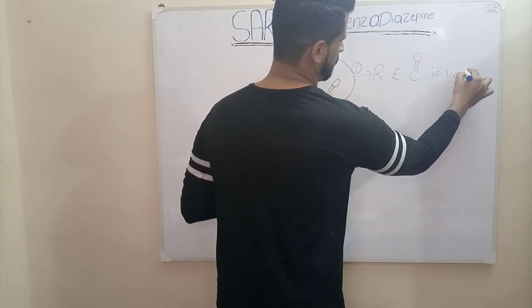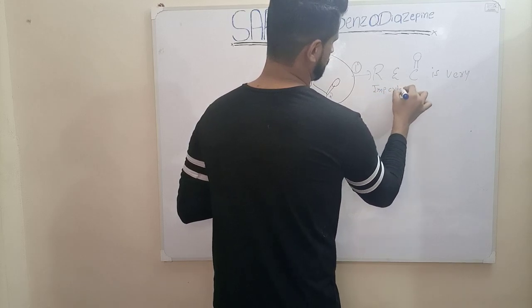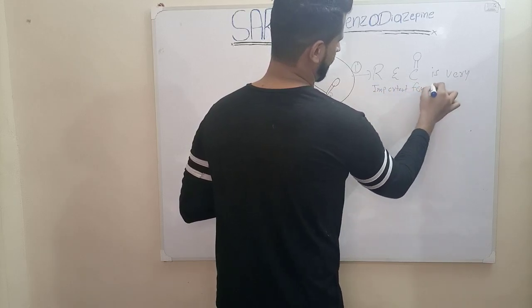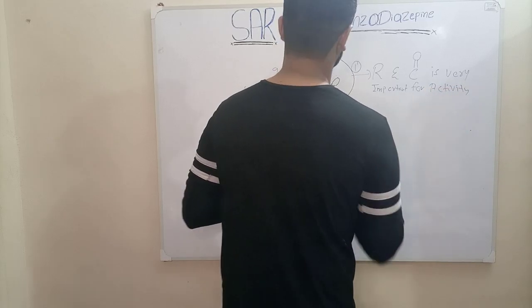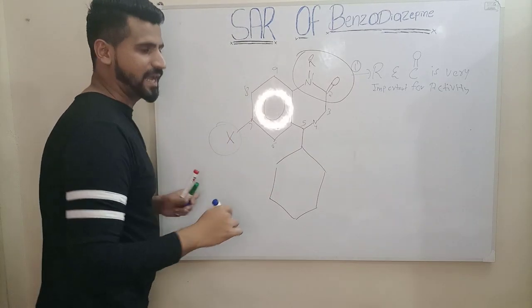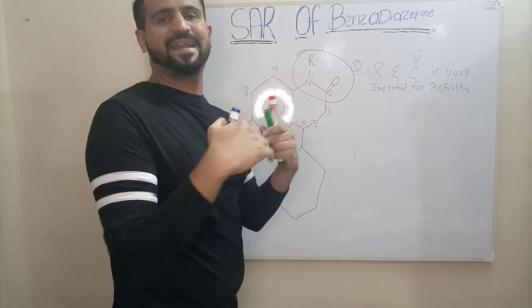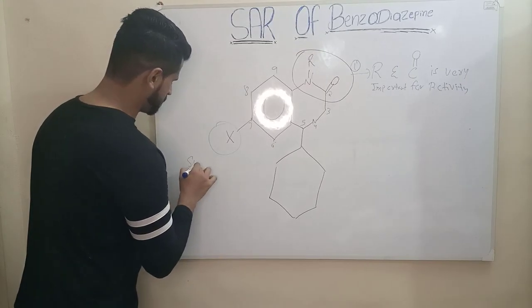They are very important for the activity of the benzodiazepine. The second point is X. X is basically any kind of electron attracting group substitution.